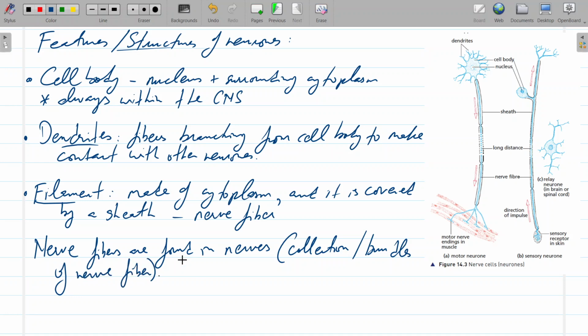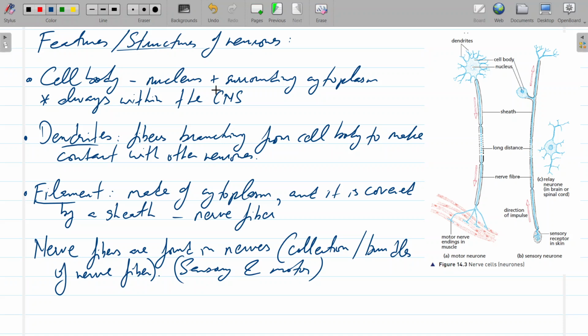So when I say nerve, it means many of these filaments are bundled together, and they can be both sensory and motor. It's not like it's only a motor nerve or only a sensory nerve. Normally in a nerve, you've got both of them, and they can carry many different impulses to different places.